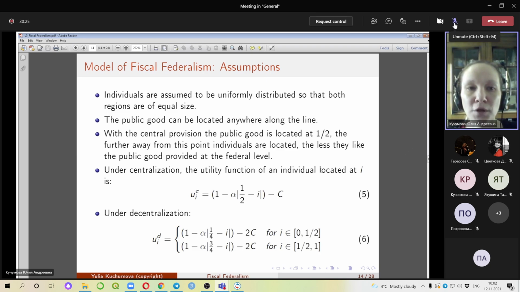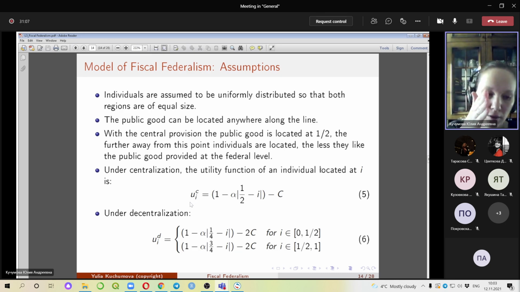So let's now talk about individuals. This line is the idea of the model. We usually do not think about the geographical location of people, but here we care about these things, so we model them exactly. We think that each point is the location of a person, or maybe several persons.